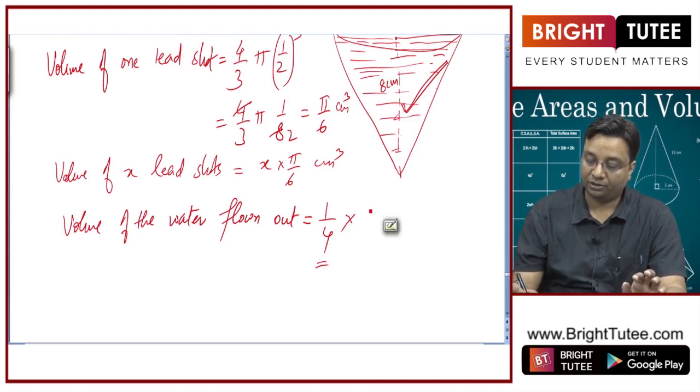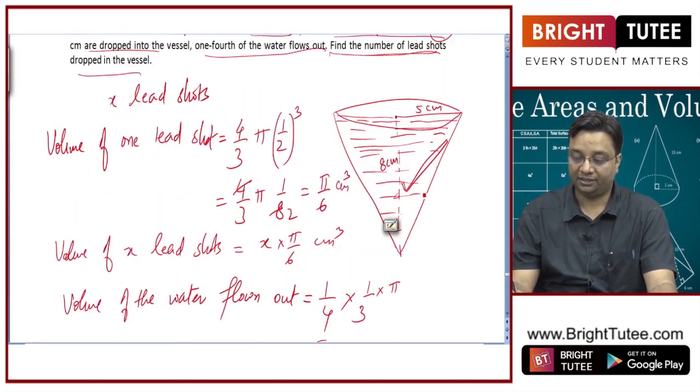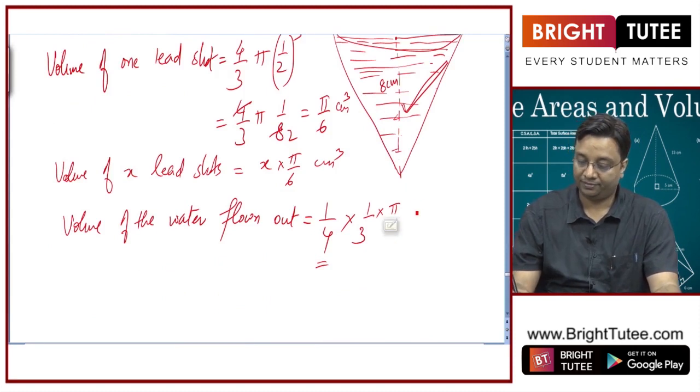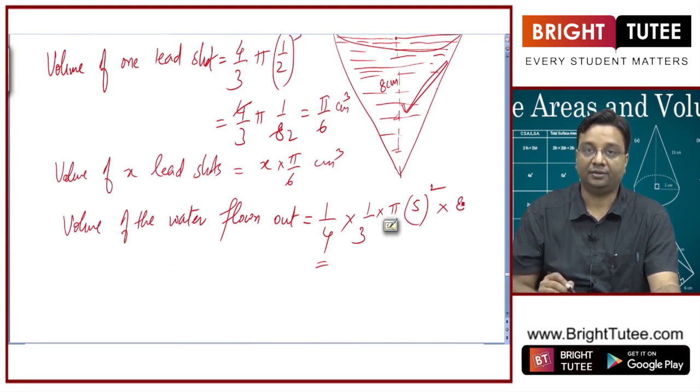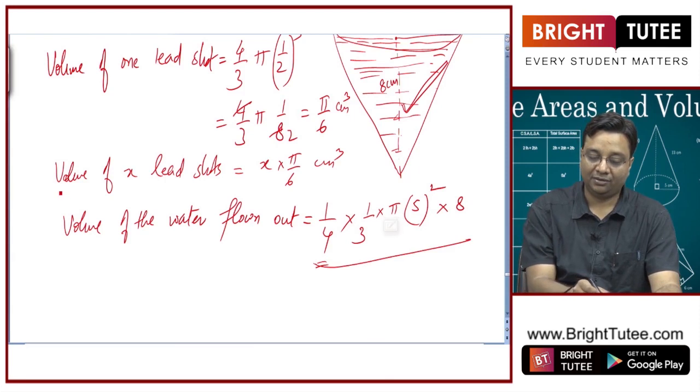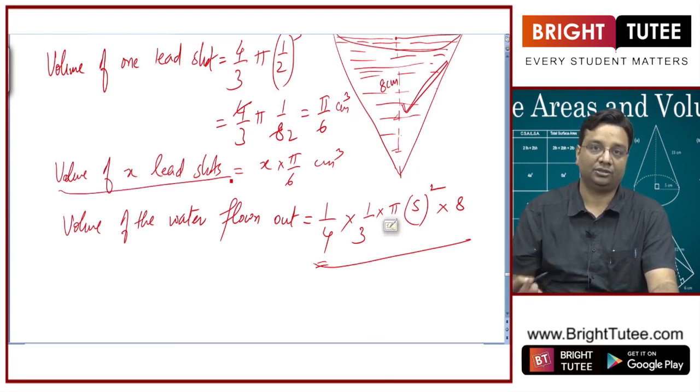Okay, so 1/4 of 1 by 3 pi radius squared, radius is 5 centimeter, into height is 8 centimeter. So this much water is flown out and it is equal to the volume of X lead shots.